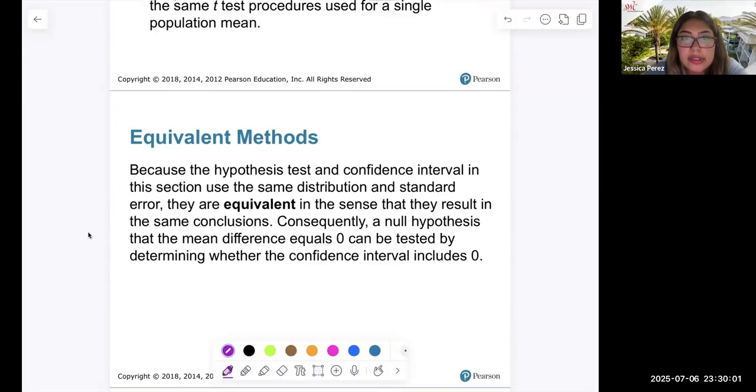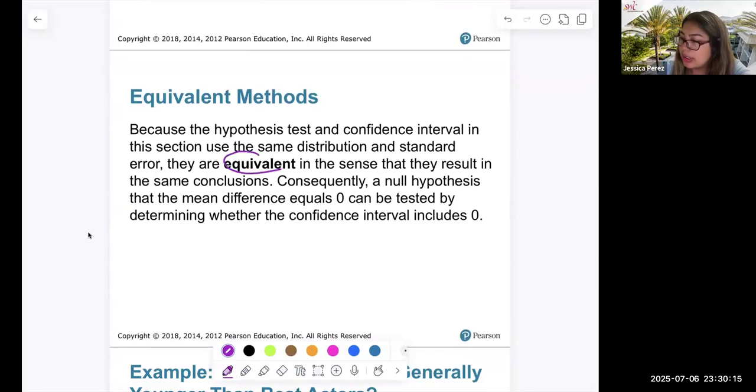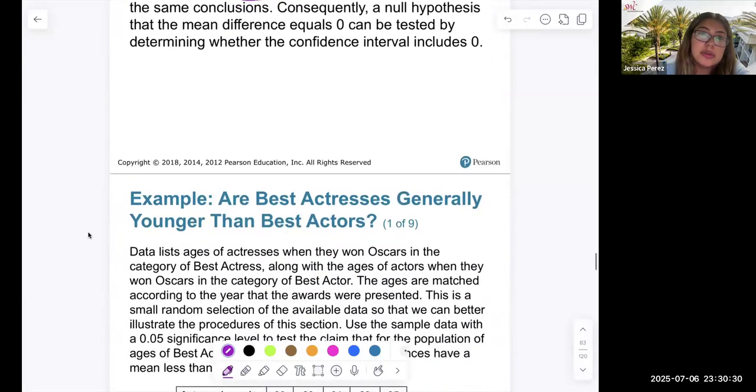Consequently, a null hypothesis that the mean equals 0 can be tested by determining whether the confidence interval includes 0 or not. When it does include 0, then you do not have a significant difference. So here in section 9.3, we have equivalence. We also had equivalence in section 9.2, but not in 9.1. 9.1, proportions, was so far the one that was not equivalent.